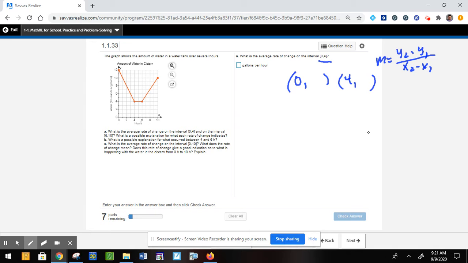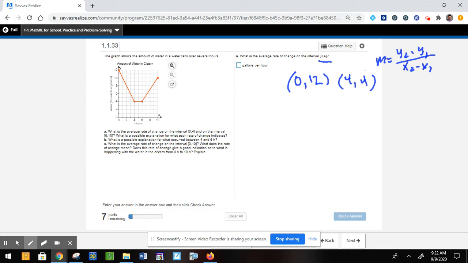When x is 0, or specifically at 0 hours, y is 12, or specifically 12,000 gallons of water. I'm going to use 12. Just understand that that represents 12,000. It's easier to calculate that. When x is 4, or specifically after 4 hours, there are 4,000 gallons of water left in the cistern.